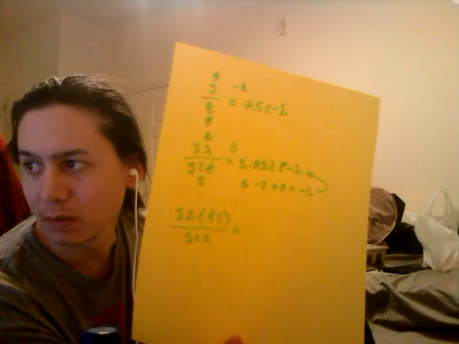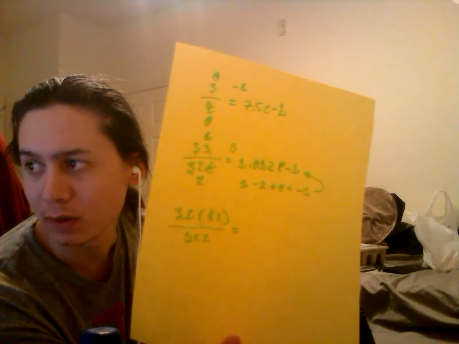So 1 minus 2, -1, and there's our answer: 1.012 e minus 1.